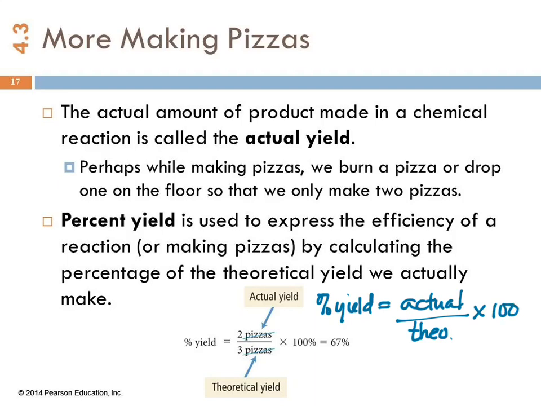The part over the whole. How much you actually made out of how much you could theoretically make. So the most you can get there is 100%, right? If everything works perfectly, you can get 100%, that'd be awesome.